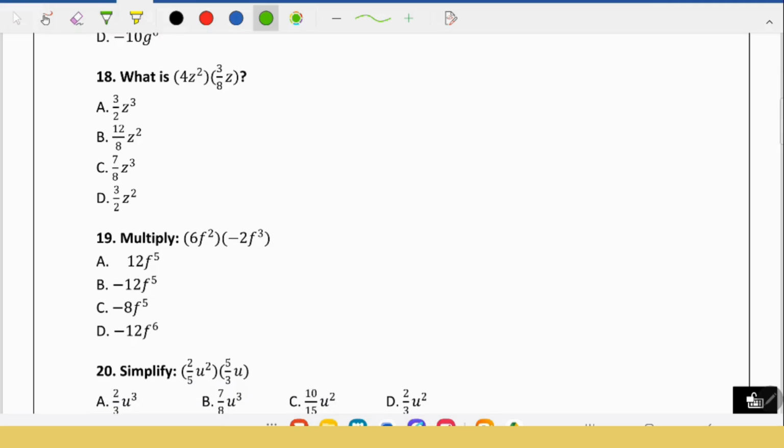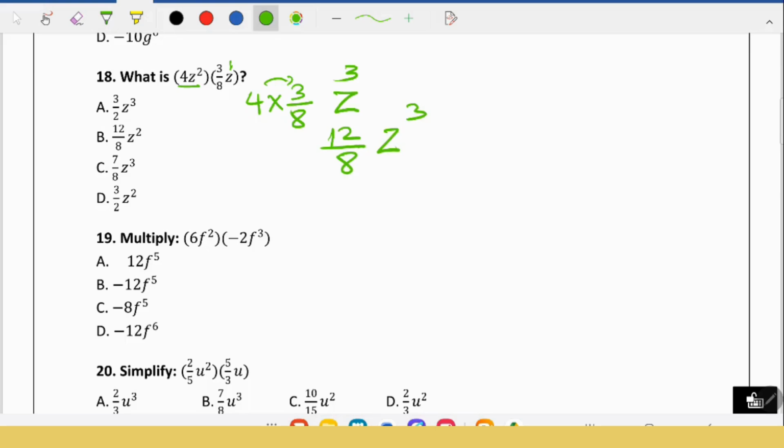Next I have 4z square times 3 over 8z. Multiply the coefficient first, and the letters z square and z1, which is z3. I will just add their powers. So 4 times 3, multiply the numerators, which is 12 over 8z cube.